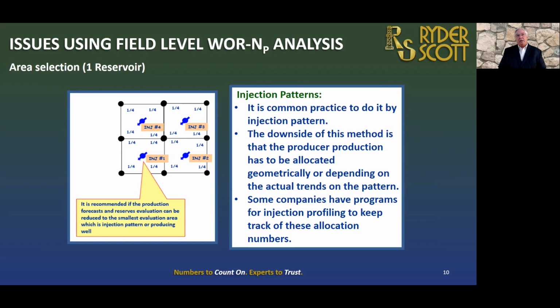Some companies and a lot of our clients have programs for injection profiling to keep track of these allocation numbers. In the example shown, the oil production in a 5-spot is allocated using 1/4 of each producer to the pattern in question.